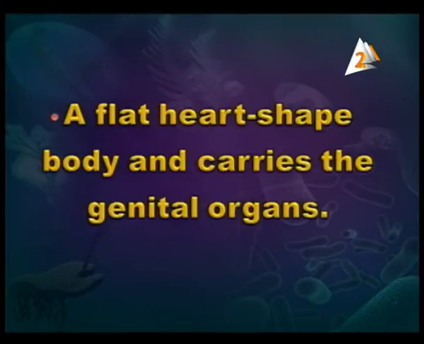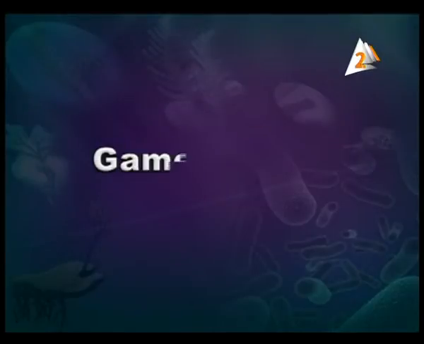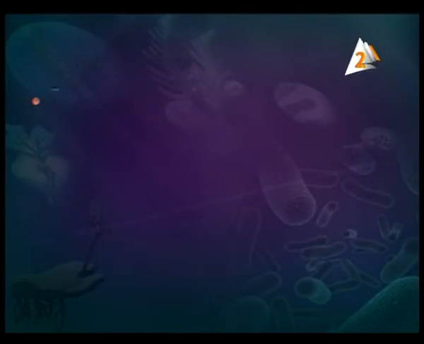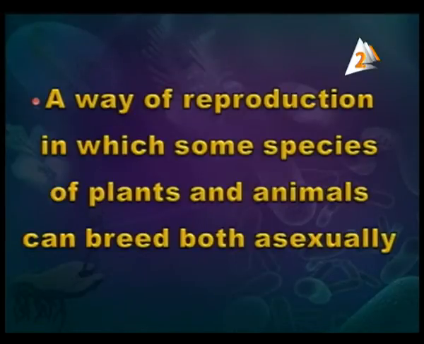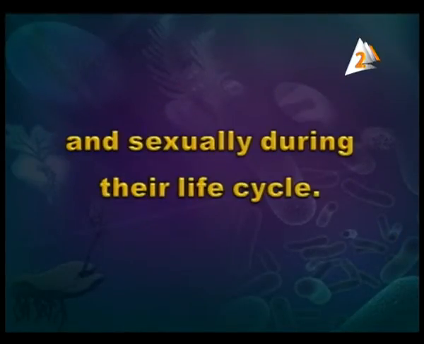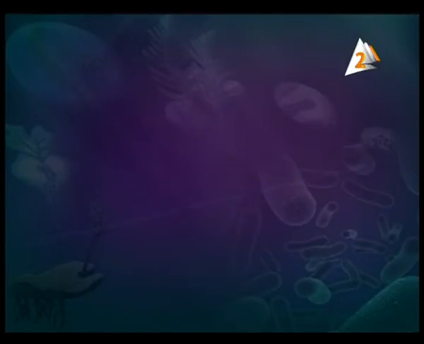Write the scientific term for each of the following statements. Number 1. A flat heart-shaped body carries the genital organs. Yes, gametophyte. Very good. Number 2. A way of reproduction in which some species of plant and animal can breed both asexually and sexually during their life cycle. Good.